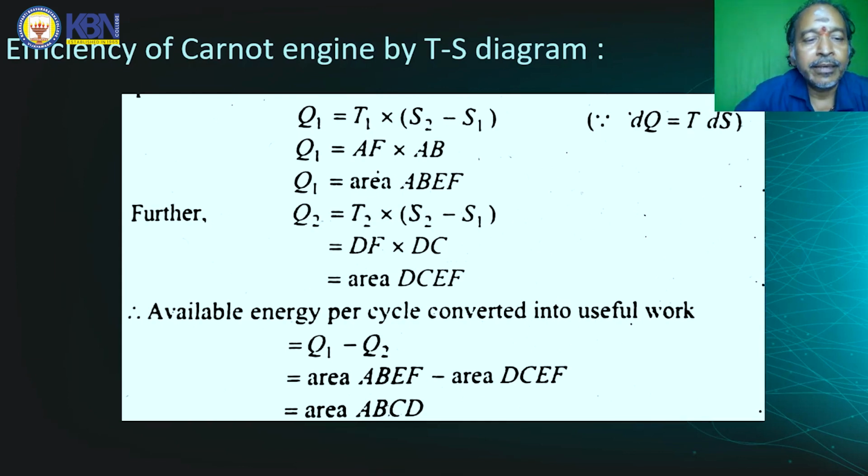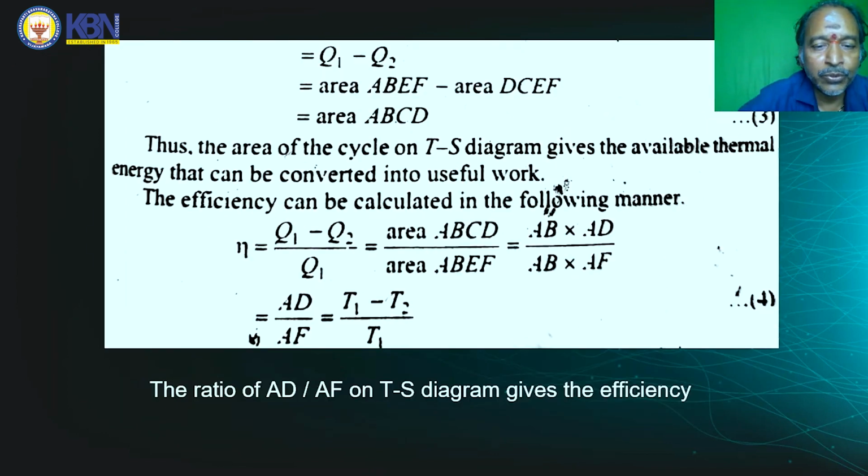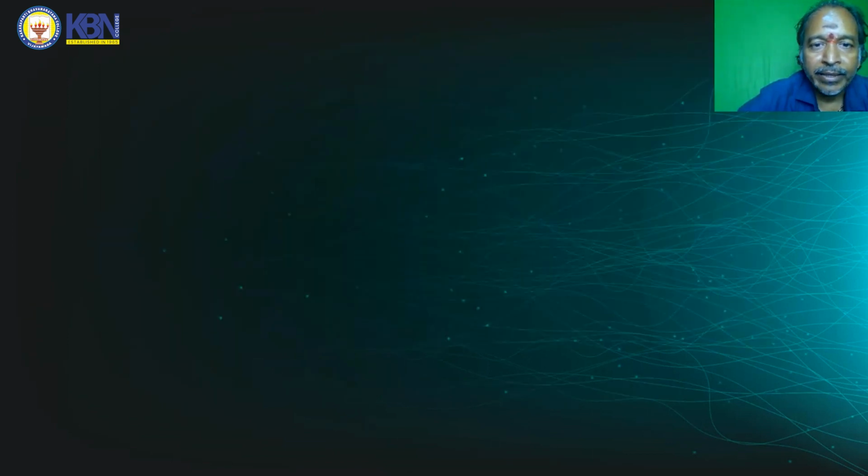According to the definition of the Carnot's engine efficiency, the heat taken is Q1 and the work done is W. It is the ratio of the amount of work done by the engine to the heat taken from the source. So W by Q1, where W means Q1 minus Q2 and the heat taken is Q1, and finally we get efficiency equal to 1 minus Q2 by Q1.